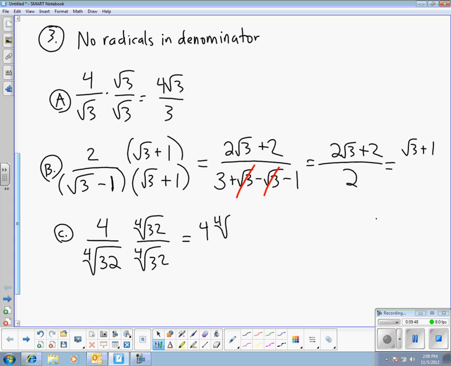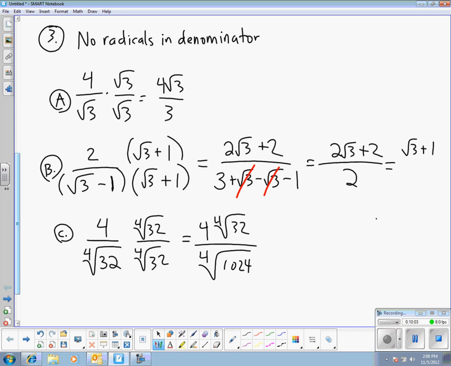times the 4th root of 32 on top, and I get the 4th root of 1,024 on the bottom. Now, my problem here is that 1024 might not fit my perfect fourth powers.